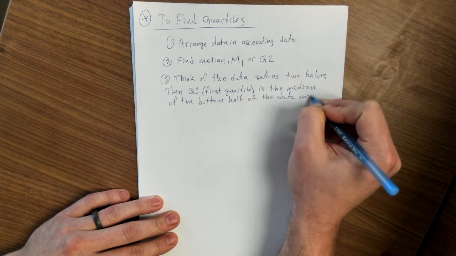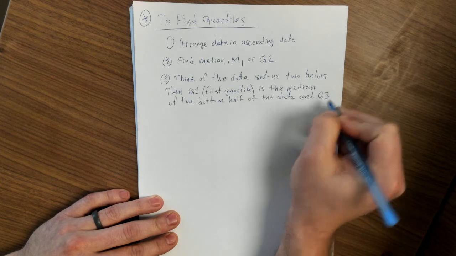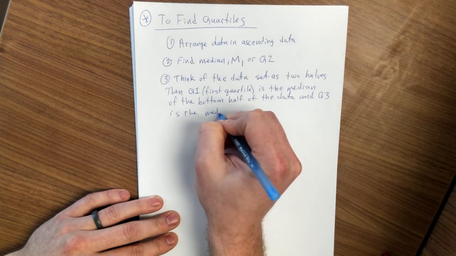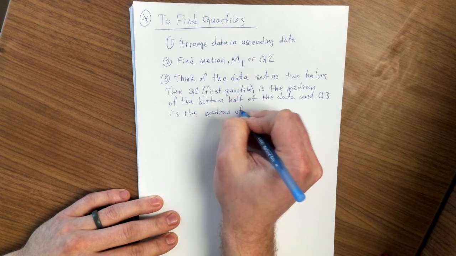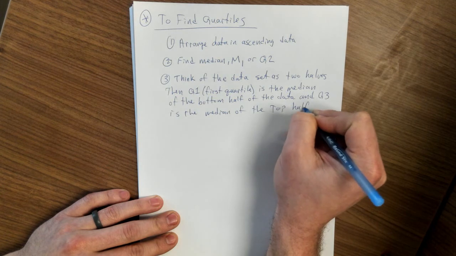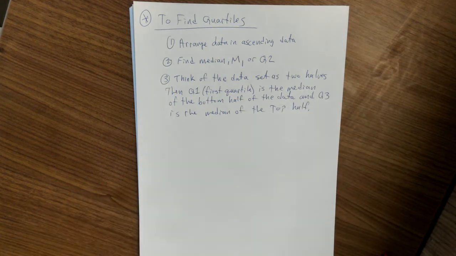And Q3, the third quartile, is the median of the top half. So really, when you're finding quartiles, you are finding the median 3 times. And the best way to go about this is to look at an example.